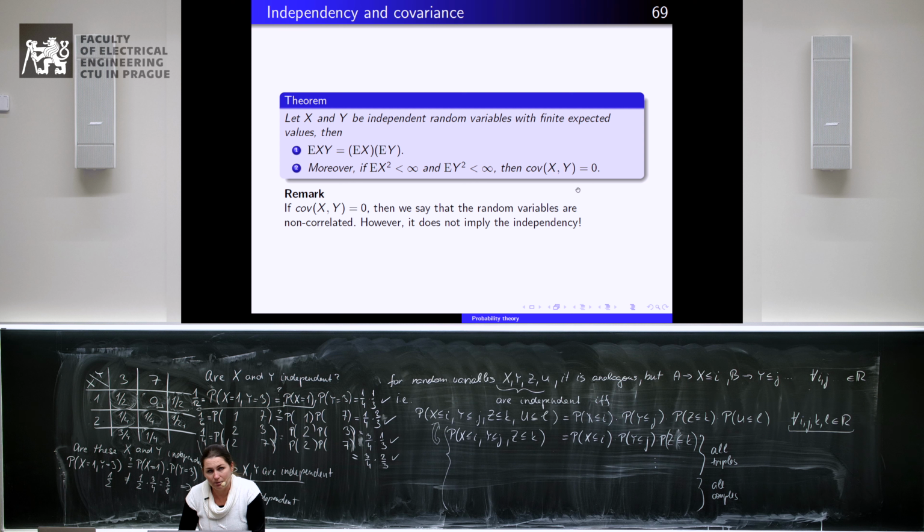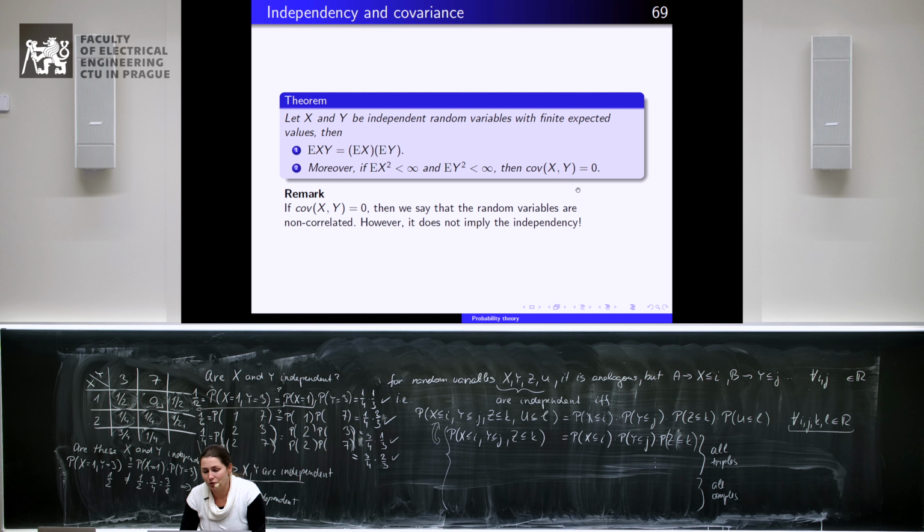And I conclude this part by the theorem saying that when x and y are independent, then, of course, from the idea of the covariance, which is in fact the measure of dependence, the covariance must be equal to 0.